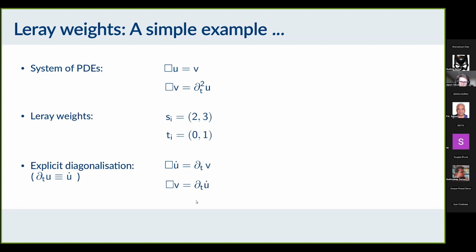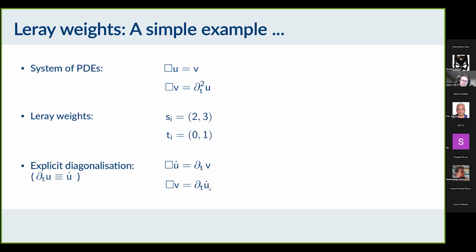And then the second equation loses one order on the right-hand side. That's exactly what is possible because of the Leray weights. And this one now has a diagonal principal part. That's exactly how the proof of Leray works: if you have such a system of integers, then you can do that.